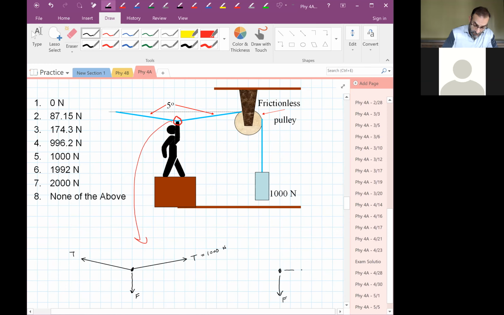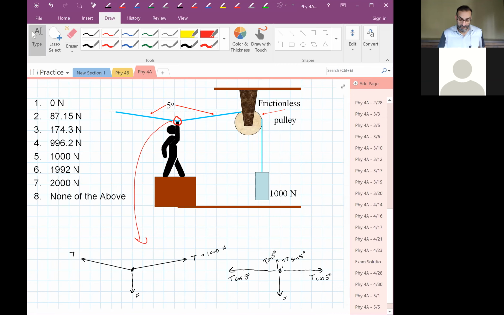We've got T cosine 5 degrees and T sine 5 degrees. So what does the pulling force have to equal?